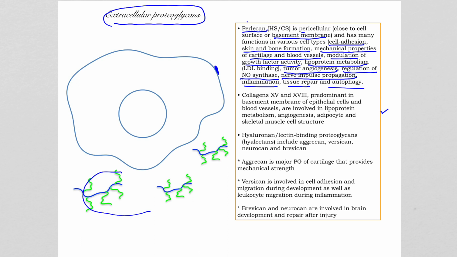So many functions of these proteoglycans. They play a role in so many different activities. Not surprising because they are found everywhere around all the cells and connective tissue. So it's not surprising that they play many different roles in many different tissues.